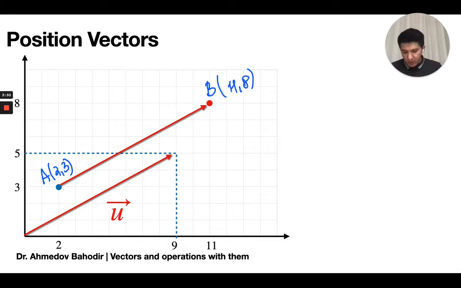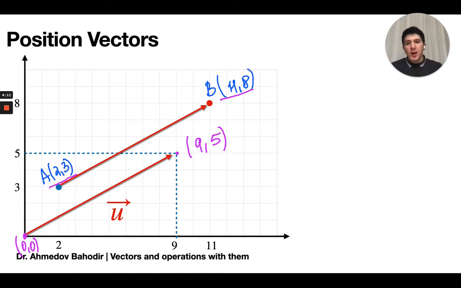The starting point here is going to be (0, 0), and the ending point is going to be just the subtraction of the starting point from the ending point. In this case, it is going to be equal to (9, 5). This is how we move vectors, by subtracting the starting point from the ending point.